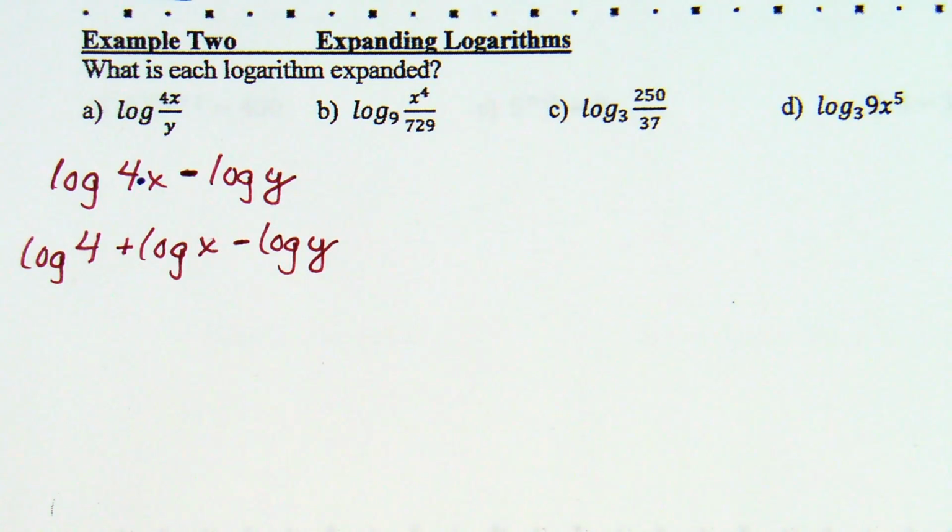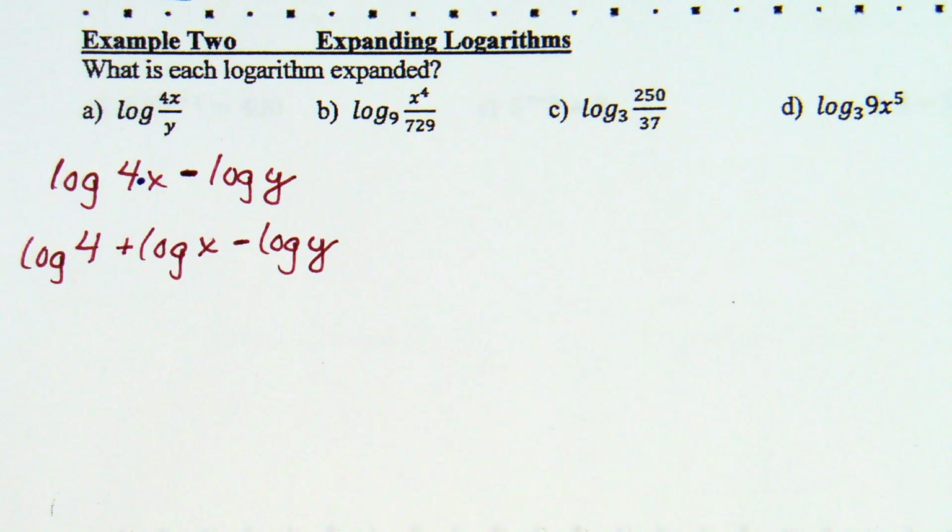Now, at this point, I have 2 different answers boxed on my notes. I do have this answer as a possible answer. However, there's also another little something that we could possibly do. And I'll be honest, in this situation, I don't have a gut feeling as to which is better necessarily.